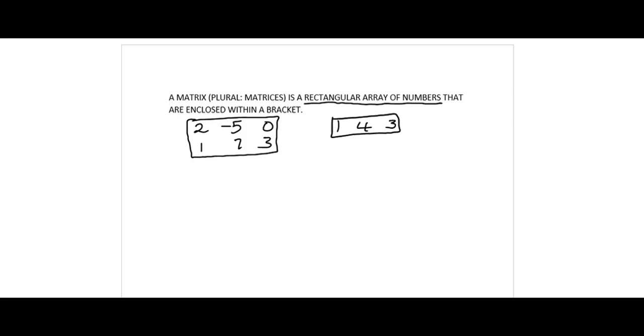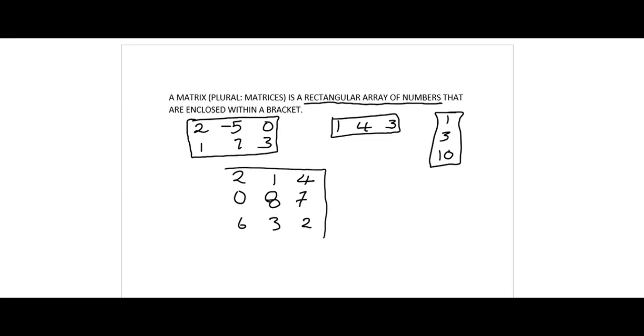It's a rectangular arrangement of numbers 1, 3, 10. I can also have something like 2, 1, 4, 0, 8, 7, 6, 3, 2. In this case, this is a square. It's also the kind of matrix we talk about.